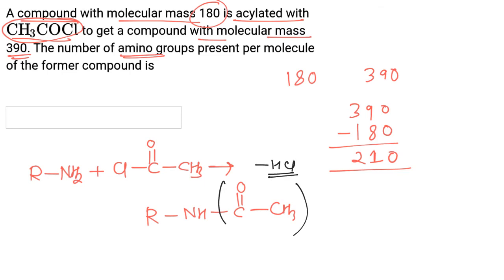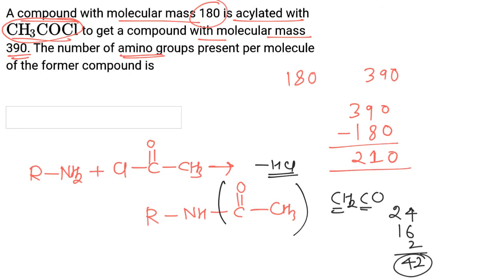So the change in weight is due to the presence of the CH3CO group, and when CH3CO is added, one hydrogen is also removed. So the overall change is of CH2CO, and the weight of CH2CO is, for 2 carbon 24, for oxygen 16, and for 2 hydrogen 2. So if one CH3CO group is added, then the overall change in weight is 42 because one hydrogen is also getting removed.